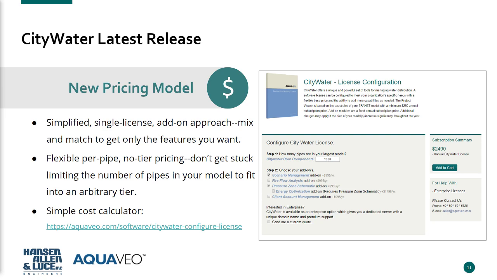Another thing that goes along with this tool is that now you can actually add it to the cart right on the website, and then we'll have someone contact you to get things going. So overall, the pricing model has made it easier and hopefully more affordable for more customers to be able to afford CityWater.